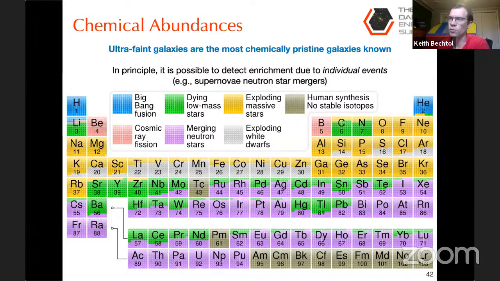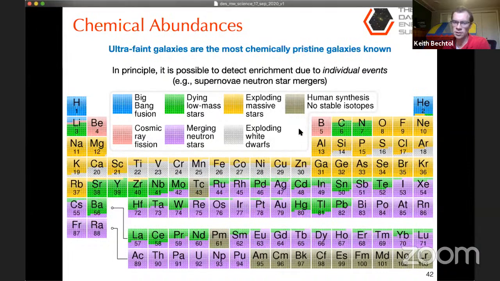They're basically these reservoirs of stars that formed out of nearly the primordial gas in the early universe. And we might be able, in principle, to detect the enrichment signatures of individual events, for example supernovae or neutron star mergers, basically by looking at the distribution of these chemical elements and thinking about how these different chemical elements originate in different processes.